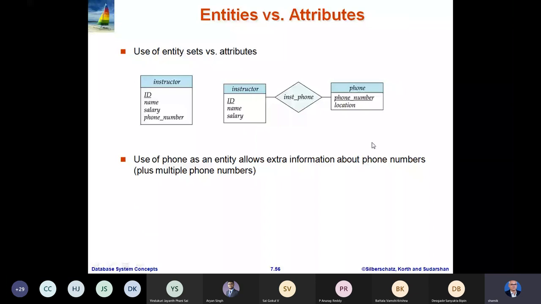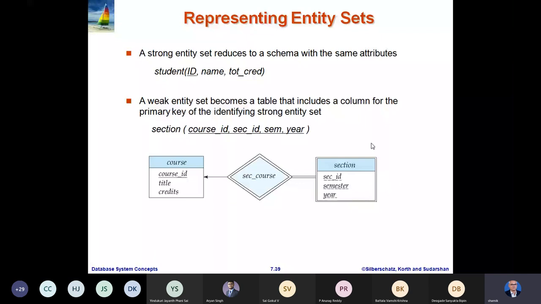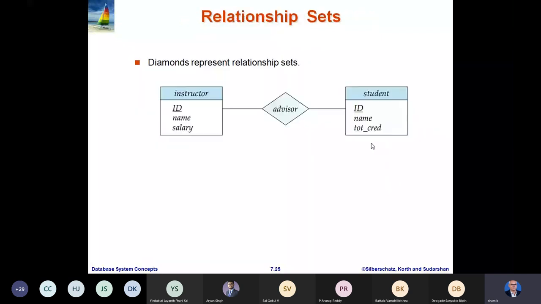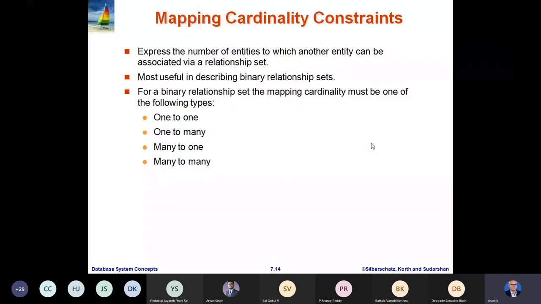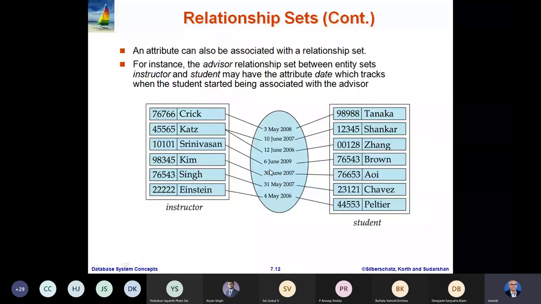If you remember the very first example, I'm going back once for your convenience so that you can relate to what we are talking about throughout this topic. Instructor to student tells us the date when that student was associated with the instructor. Obviously, this date is going to be an attribute of the relationship. It does not belong to the student, nor to the instructor.